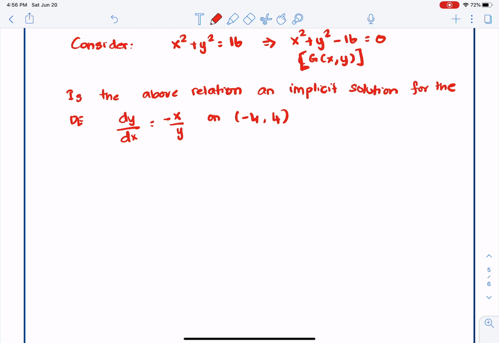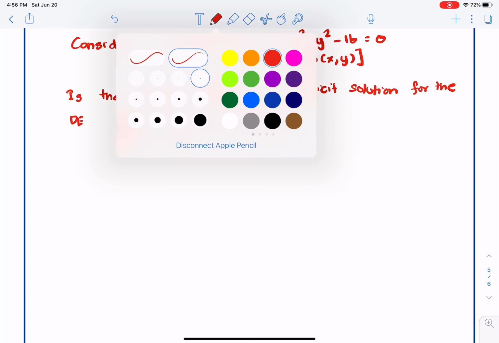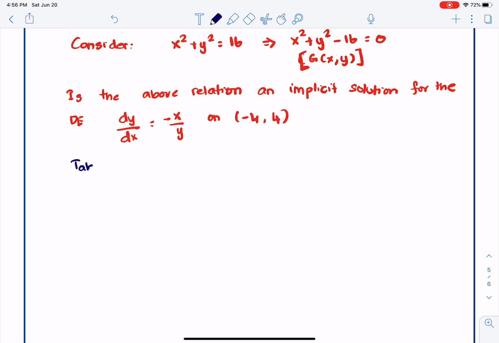So I am going to take the derivative on both sides. So you have 2x plus 2y times dy over dx equals 0.